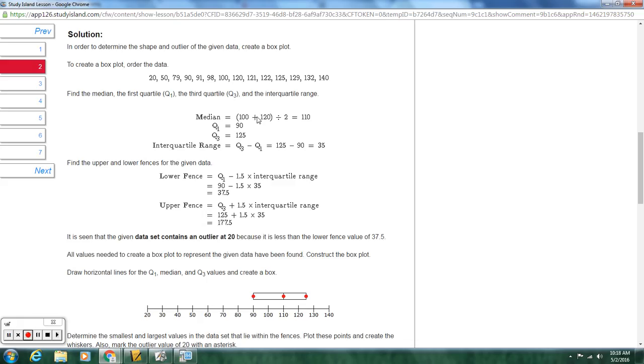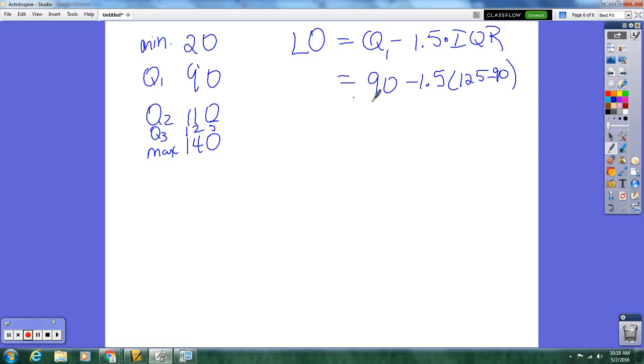This is everything you would have to do without the calculator doing it for you. Like I said, the math part's not hard because the calculator does everything for you. The only thing you have to do is know how to do this right here. And this was 37.5. So 20 is an outlier because it's below 37.5. Any number below 37.5 is an outlier.